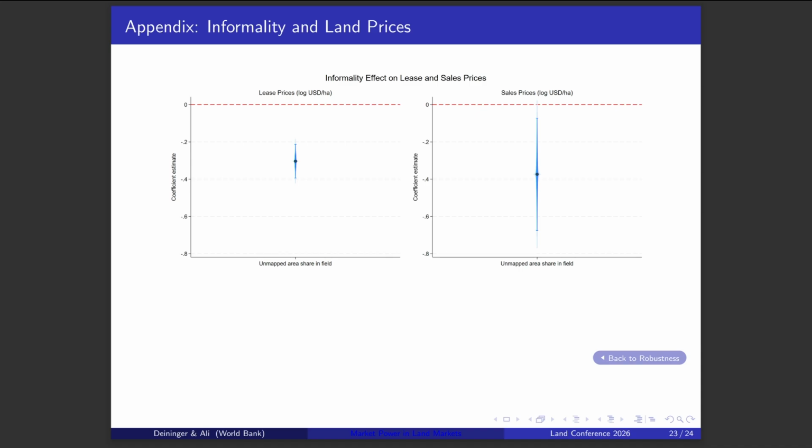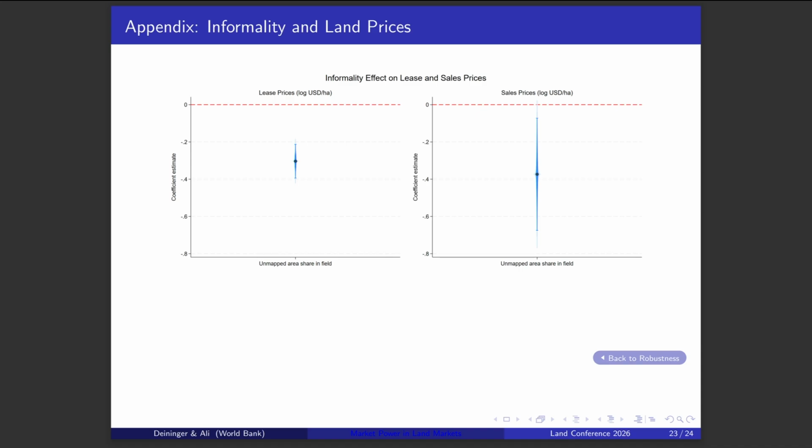As I mentioned earlier, we measured informality using machine-learning-derived maps of agricultural fields. From that, we look at what percentage of the cultivated land is registered in the cadastre.